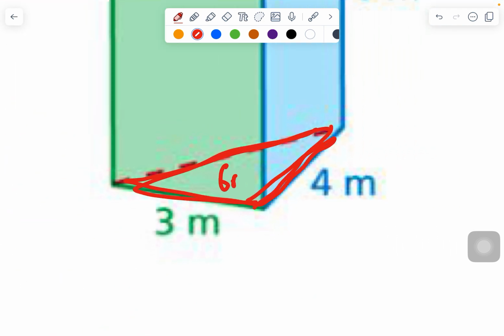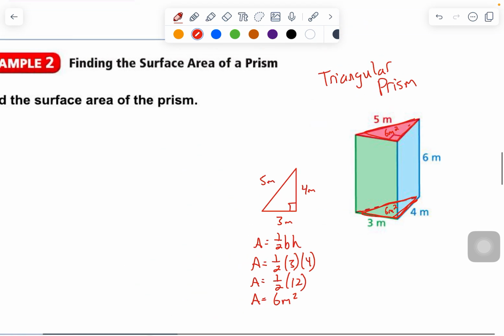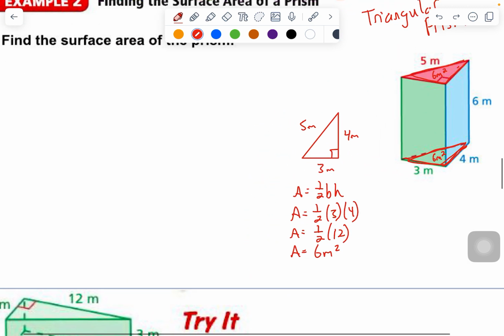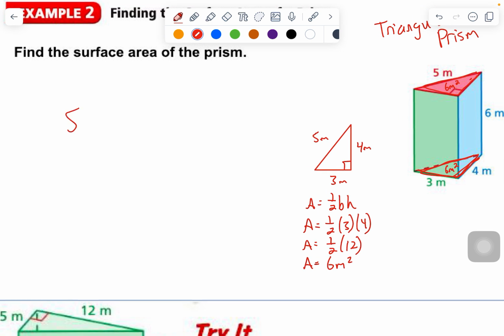And so is the bottom. Okay, so sometimes it can be hard, like, is this the base? Is this the base? Redrawing it is sometimes helpful. Okay, so those are those two sides. And, oh, we got to double that too. So our surface area is going to be 2 times 6, because that's my red triangles.